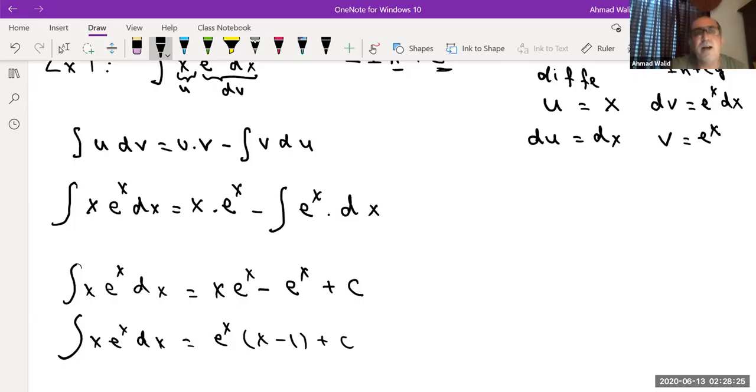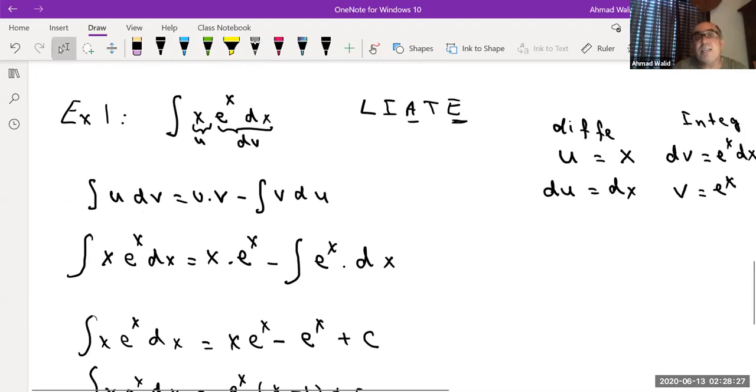That's correct. This is how you use integration by parts to deal with the problems that don't fit your integration table, correct? Look at here, integral of x e to the x. Do you have such a rule in integration? Did you learn it in Calc 1? There's no such rule in Calc 2 in chapter 6. Can you apply the substitution rule here? Do you see g prime here?